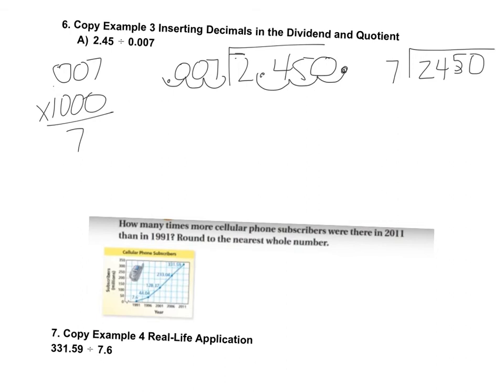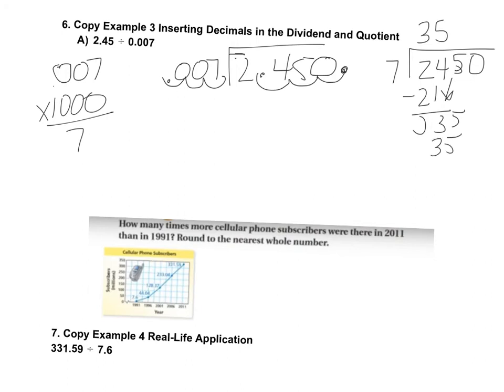2,450. So, 7 goes into 24. How many times? How many groups of 7? 3, 21. 4 minus 1 is 3. 2 minus 2 is 0. Bring down our 5. That makes 35. 7 goes into 35 5 times.